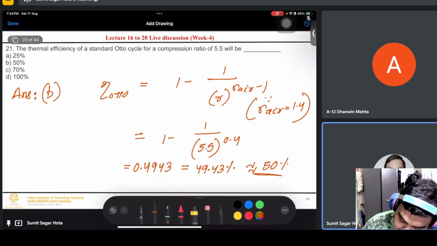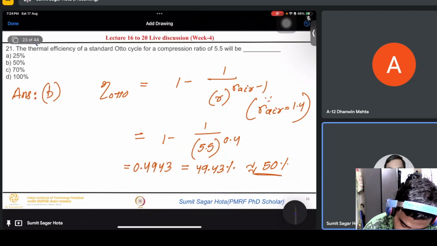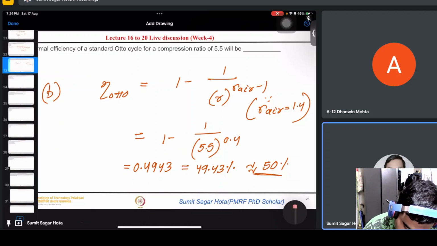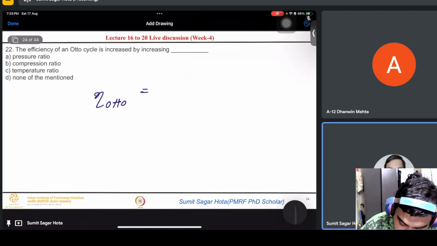The efficiency of the Otto cycle increases by increasing what? First write down the formula of efficiency of the Otto cycle: 1 minus 1 by r to the power gamma minus 1.